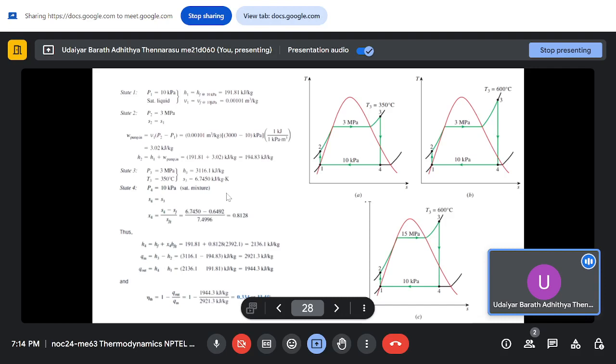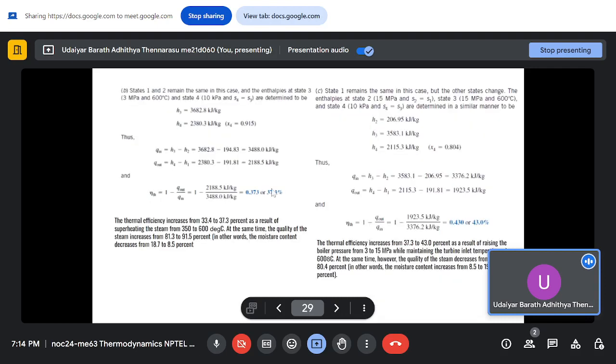Previously you were at 33.4, now you have come to 37.3. So thermal efficiency increases from 33.4 to 37.3% as a result of superheating, and also the quality of steam increases from 81.3 to 91.5%. So if you see, there is a 10% reduction in moisture content when you are heating it from 350 degrees Celsius to 600 degrees Celsius.